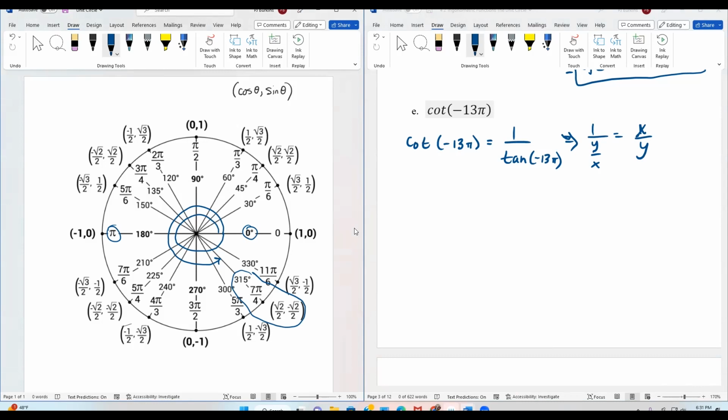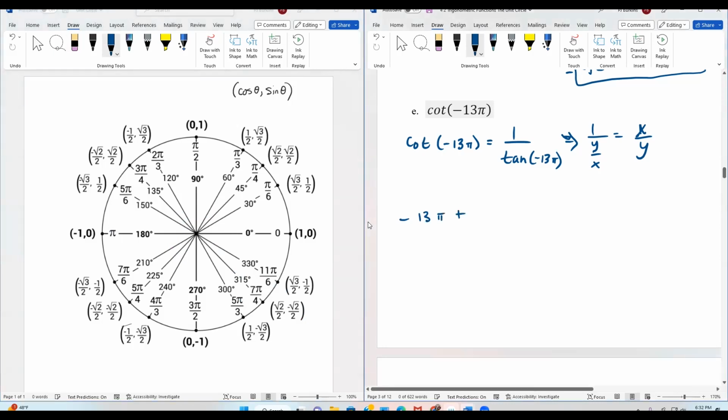Another way I can do that, instead of just counting going around 13, is we know to go around the circle one time is 2 pi. So I can subtract, or in this case, I can add multiples of 2 pi. So negative 13 pi plus, let's do 6 times 2 pi. That's negative 13 pi plus 12 pi, which is negative pi.